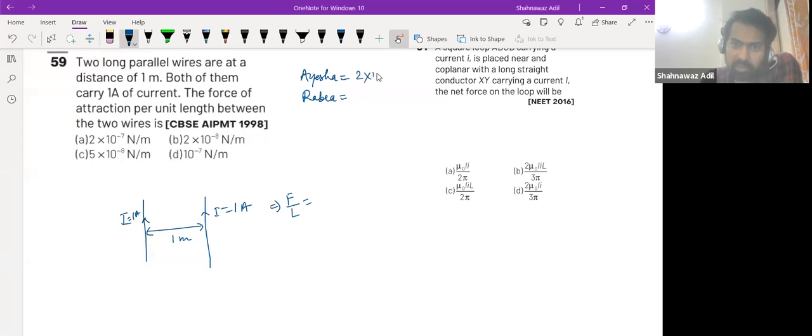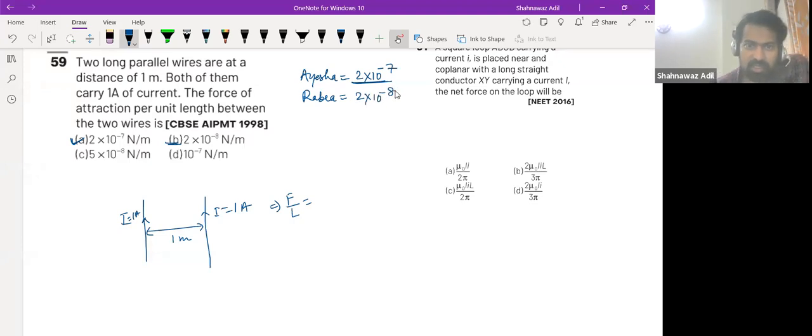Aisha got 2 into 10 to the power minus 7. What about you, Rabia? What is your answer? Option B, so you are getting this answer.